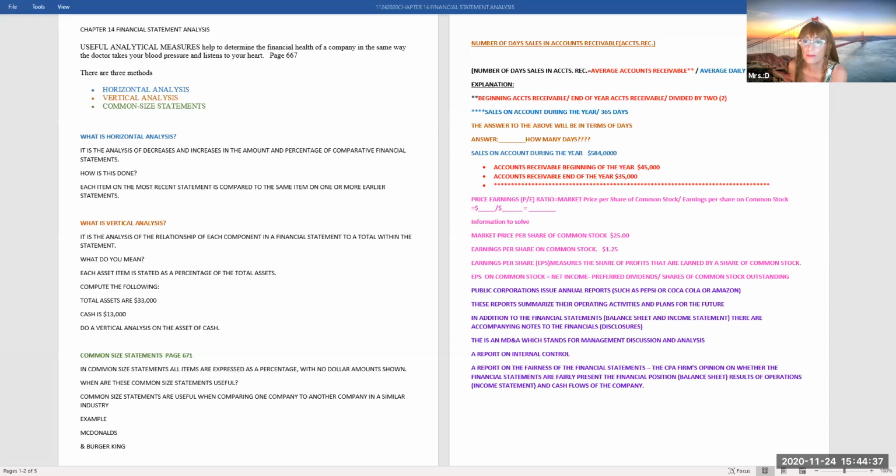So the first thing is the number of days sales in accounts receivable equals average accounts receivable divided by average daily sales. Okay, so that's how you compute that.